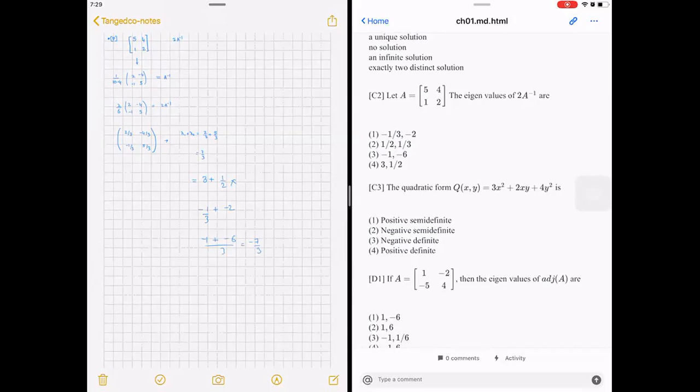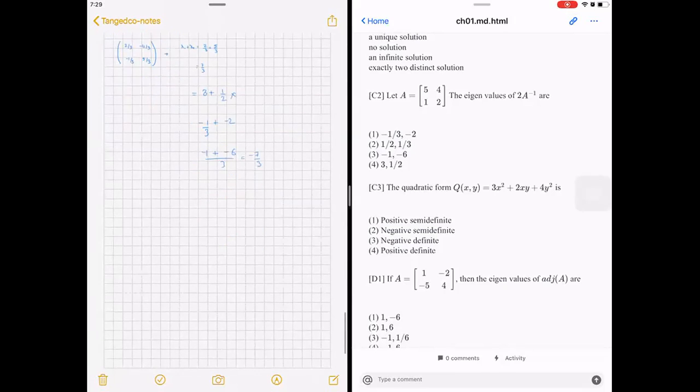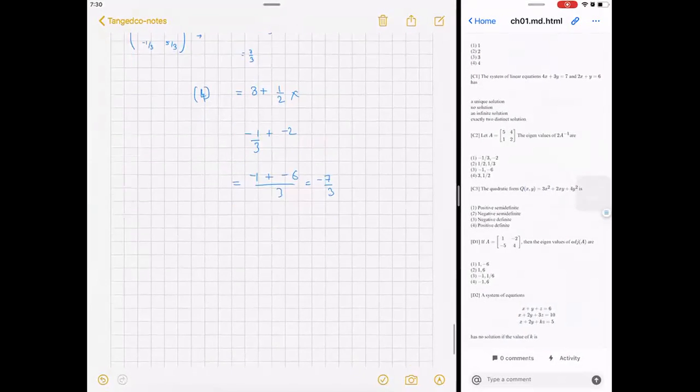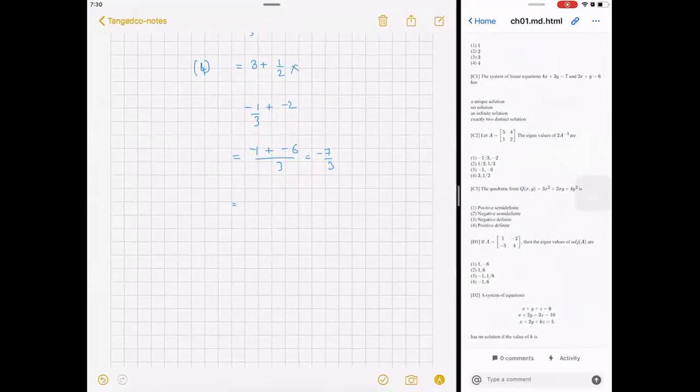So 1 by 3 and 2, or else, this is also not satisfying. This is choice number 4, this is choice number 4, this is choice number 1, this is choice number 2.